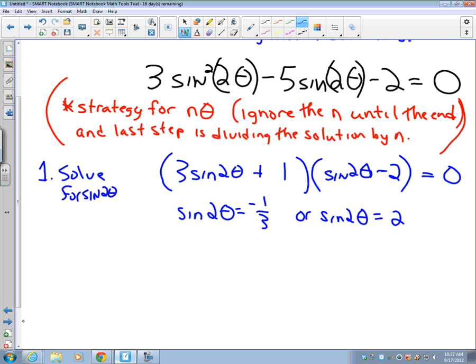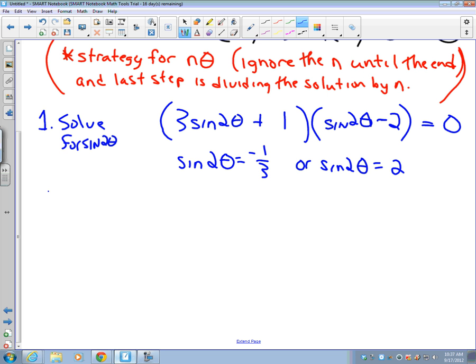So that means step number 2 is now to find the reference angle, right? So we're going to do the inverse sine of 1/3, which we did before is 0.3398. Again, you notice I ignore the negative, right? And we're going to do the inverse sine of 2. Can someone do that without a calculator?